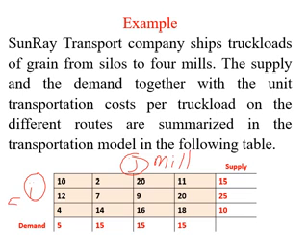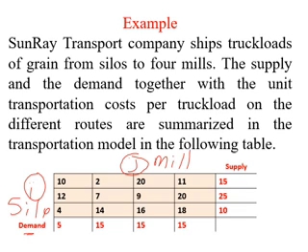Here are the cells that we want to use to transport to the 4 mills. And we have supply amounts and demand amounts. Here, the transportation model is always a balanced model. The supply amount equals the demand amount. And we have a number of i rows and j columns.